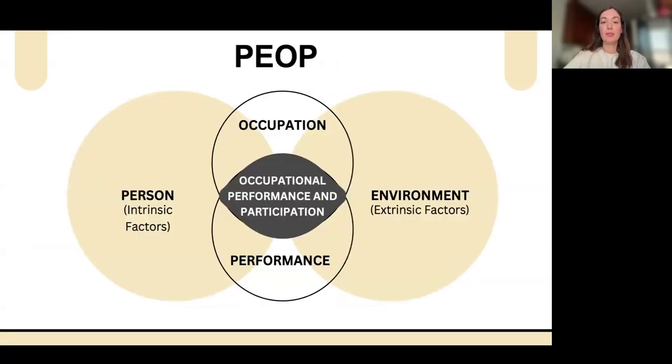One model that also correlates to inclusive design that is used within my capstone experience, that we help translate into architects' understanding, is the PEOP model, which is the Person-Environment-Occupational Performance model. And it aligns closely with inclusive design, especially within the architecture setting, as it's based on the dynamic interaction between the person, the environment, occupation, and their performance.